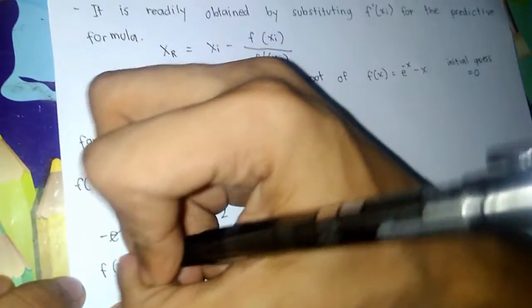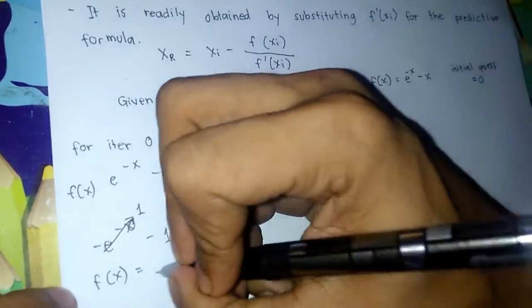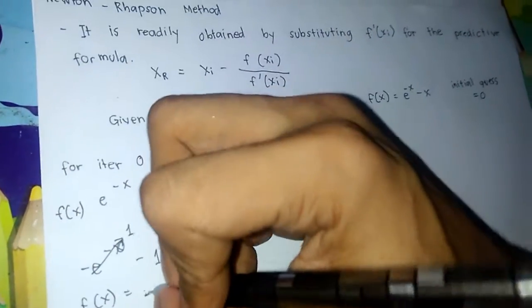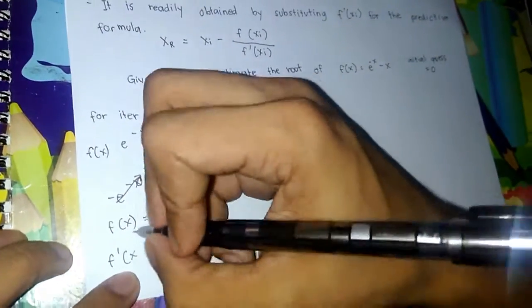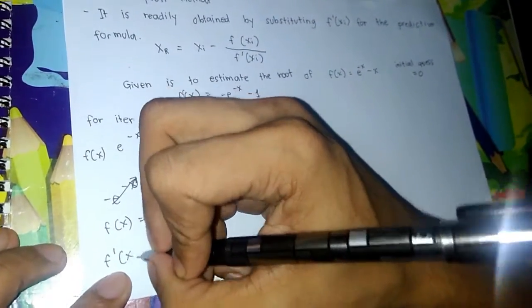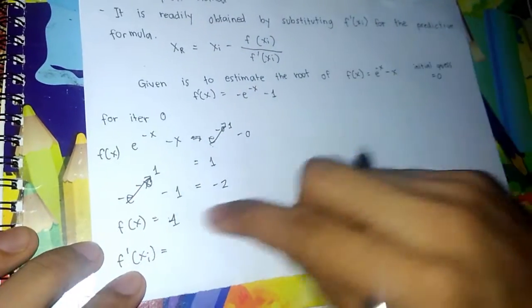So the first f of xi is equal to 1, and the derivative of f is negative 2.